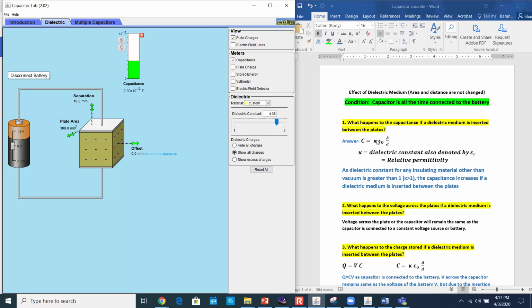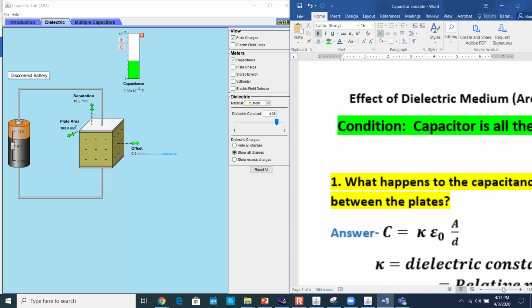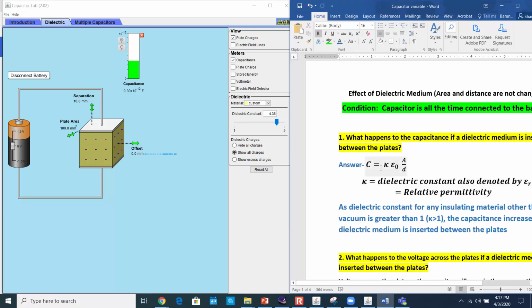This can also be seen mathematically. The capacitance is given by kappa epsilon naught A over D. Let me zoom a little bit here. The kappa here is the dielectric constant, and epsilon naught is the permittivity of free space.